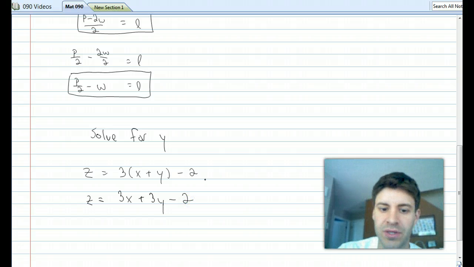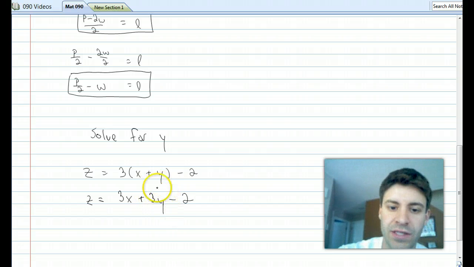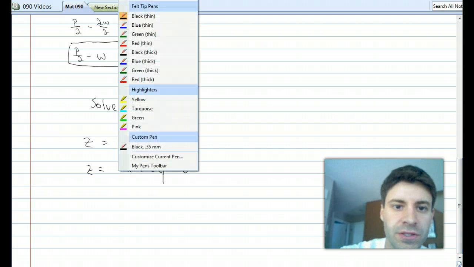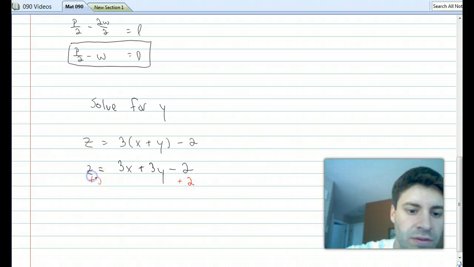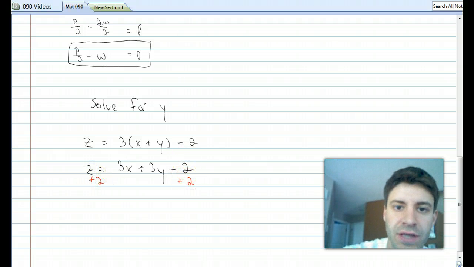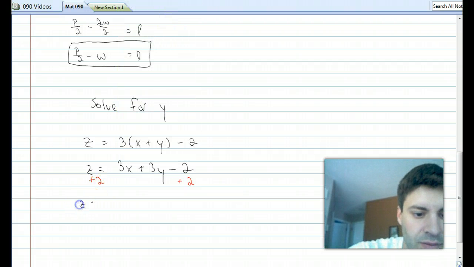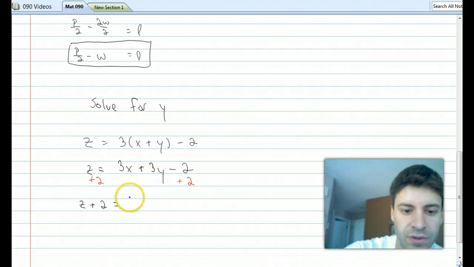All right, now it might be a little bit easier to get this term with a y all by itself on one side of the equation. What we do first is we're going to add 2 to both sides of the equation. What that's going to do is cancel the 2 on the right side, and we're going to get a z plus 2 on the left side of the equation. And what we're left with on the right is a 3x plus 3y.